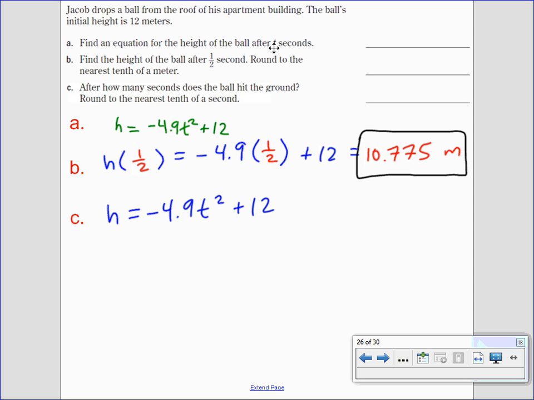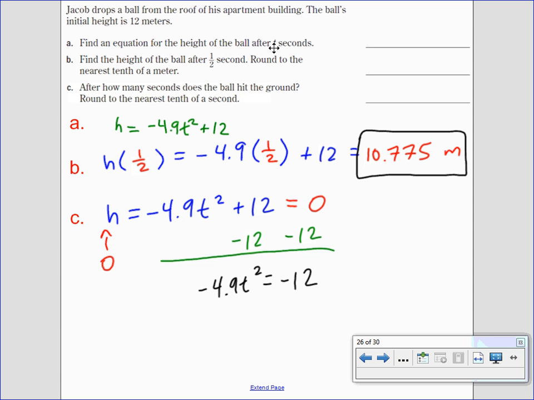So once again, if I want to know at what time t the ball hits the ground, I'll set h equal to 0 and solve. It looks like I'll subtract 12 from both sides and get negative 4.9 t squared equals negative 12. Divide both sides by negative 4.9 to solve for t squared.